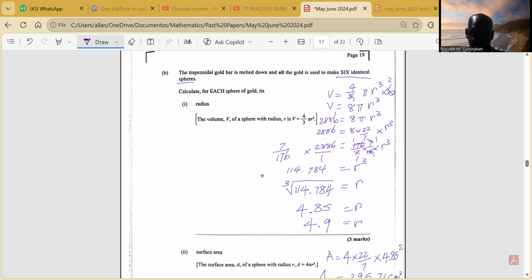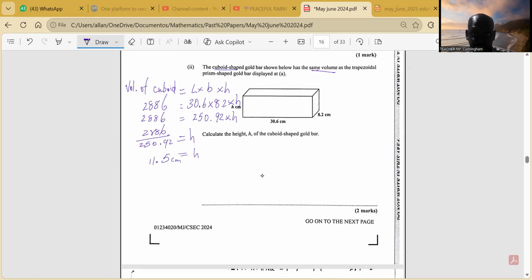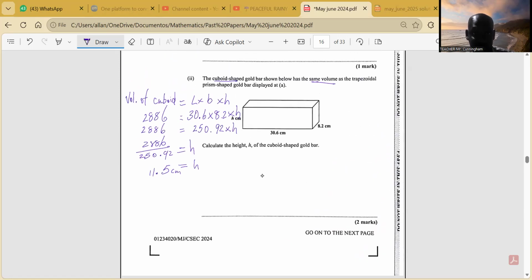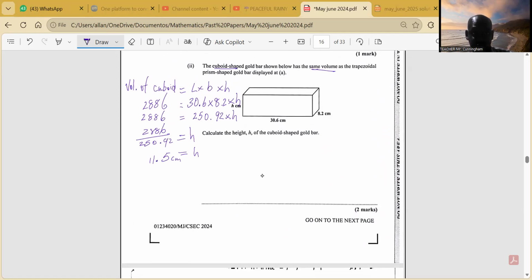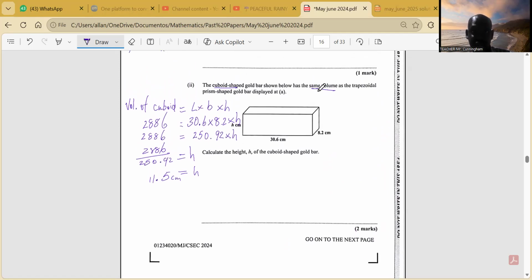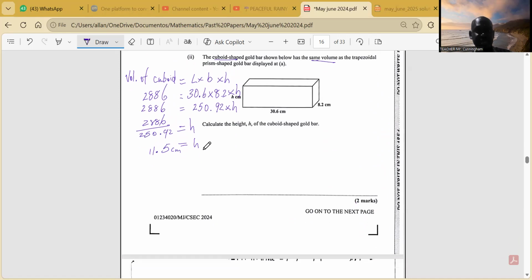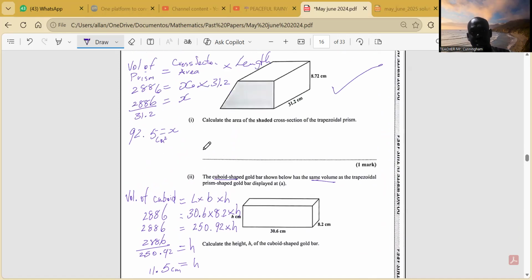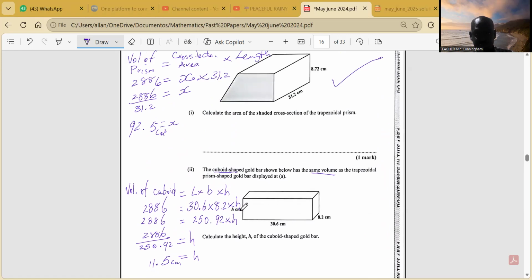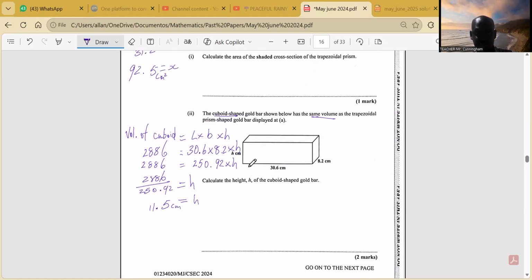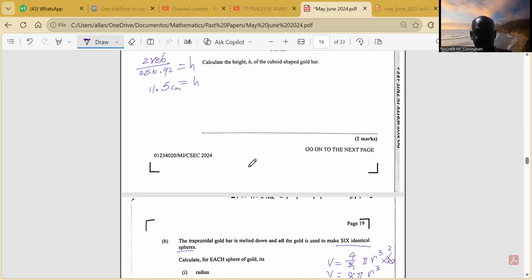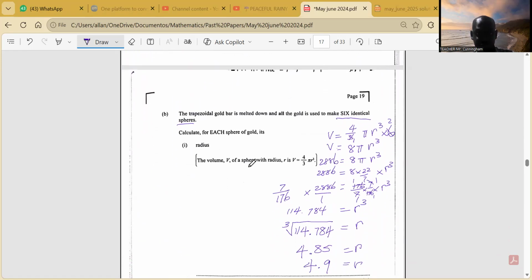I did all the calculations here. They had asked for the volume of the cuboid. The volume was the same as this gold bar, so they were using this one.